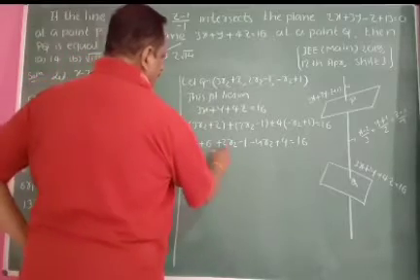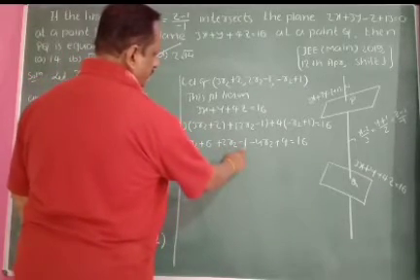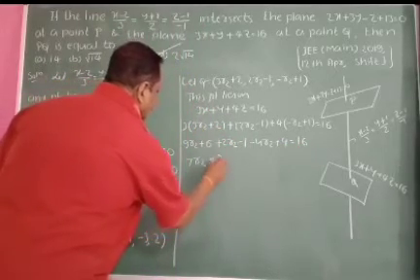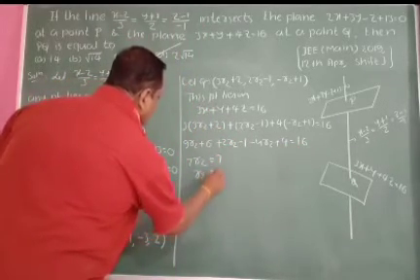Then 6 minus 1 is 5, 5 plus 4 is 9, and 16 minus 9 is 7. So 7r2 equal to 7. Hence r2 is equal to 1.